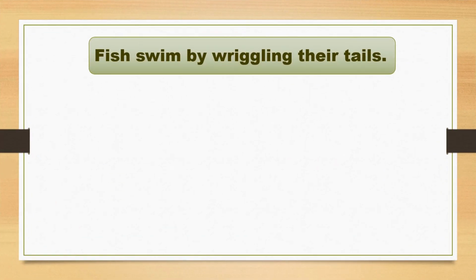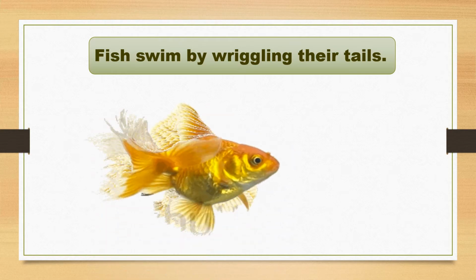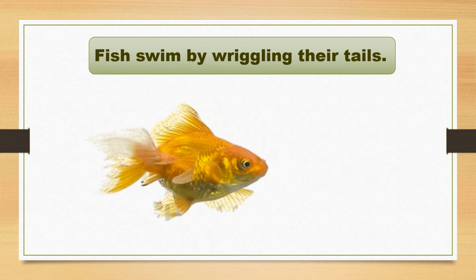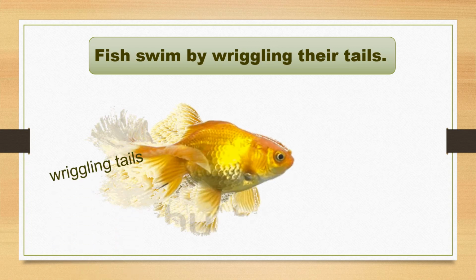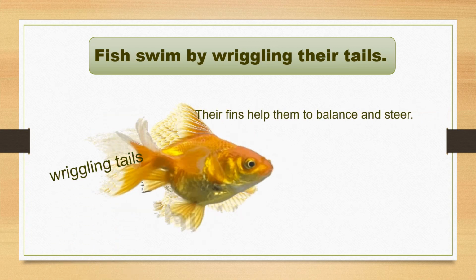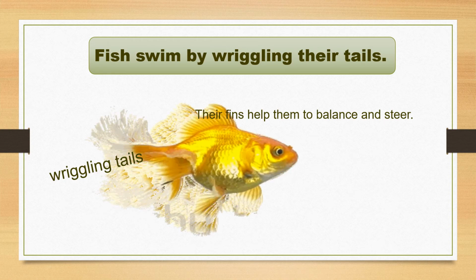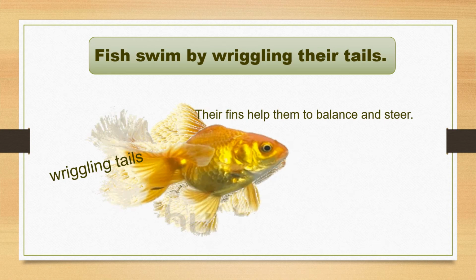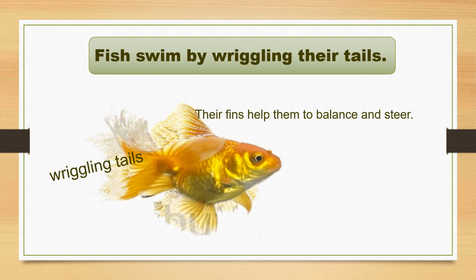So we said fish swim by wriggling their tails. Let us see there. When the fish is wriggling its tail, its fins will help it to balance and steer while it is moving. So that is how the fish move.